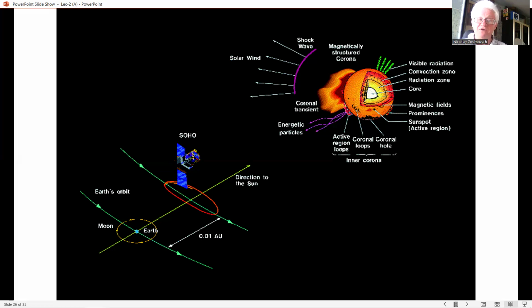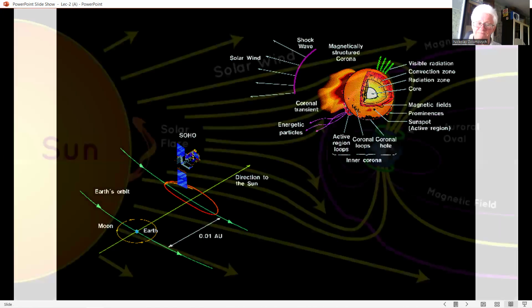Furthermore, observations with the Hinode spacecraft have revealed magnetic waves generated by turbulence below the photosphere traveling up into the chromosphere and corona and heating the gas. In both cases, energy appears to flow outward as the agitation of the magnetic field.